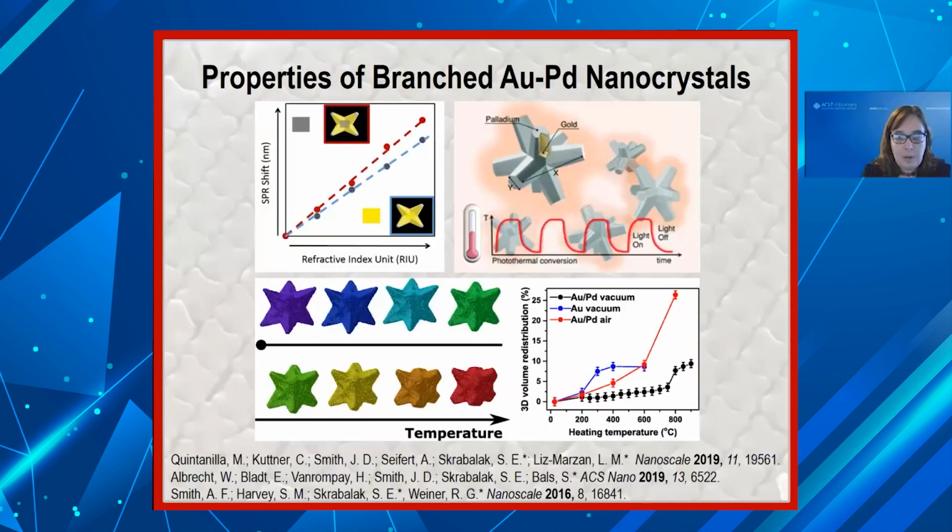It's the top paper on this slide in Nanoscale from 2019. In this particular paper, Chris Kutner undertook a lot of computational work to really tease out how the palladium should be distributed to achieve high photothermal conversion rates while also preserving stability.